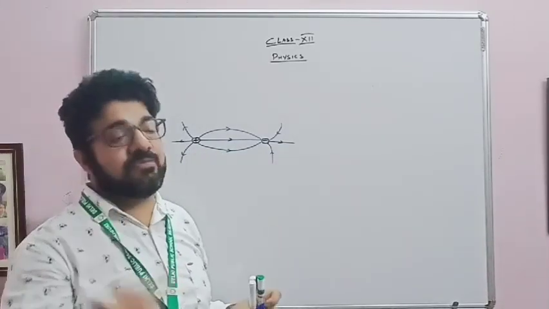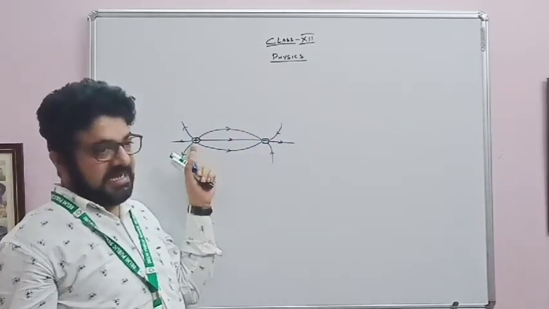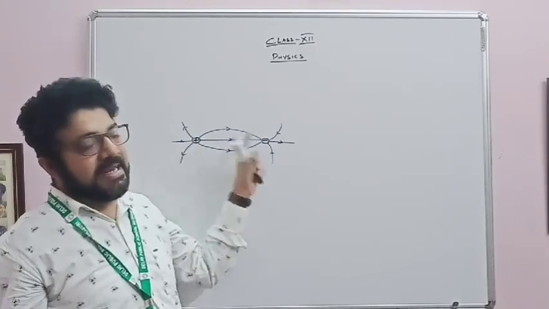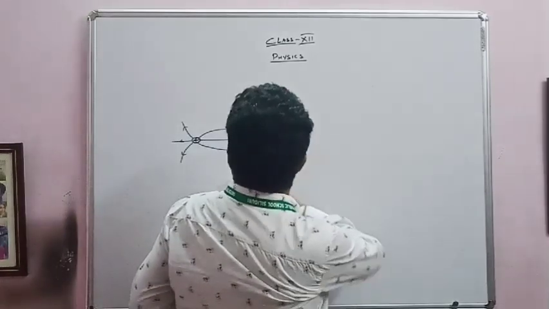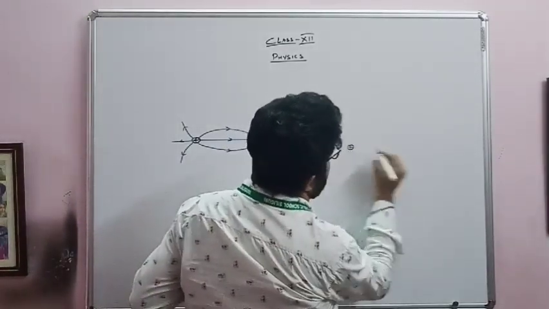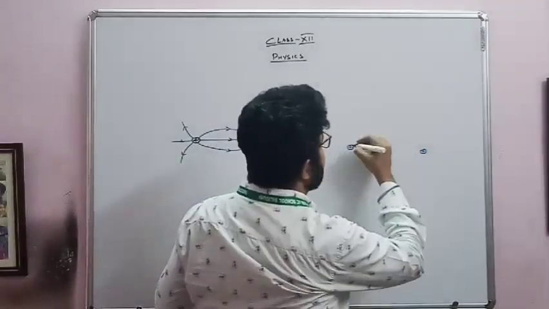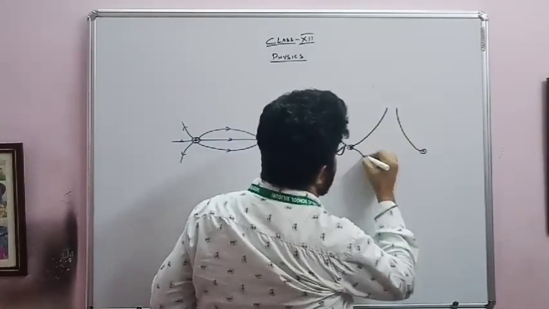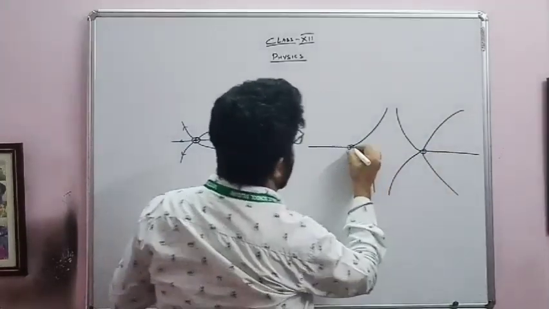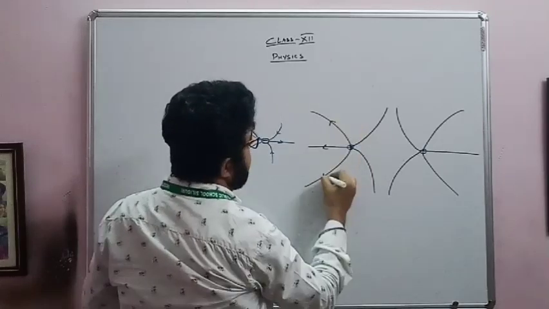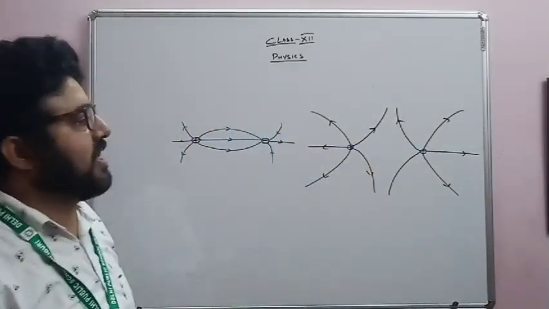From this, you can say one more property: electric field lines never make a circle. Why? Because from plus it never comes back to itself; it starts from plus and ends at the minus, so it never forms a circle or circular path. This is for plus and minus. If you have two positive charge particles, similar charges repel each other.